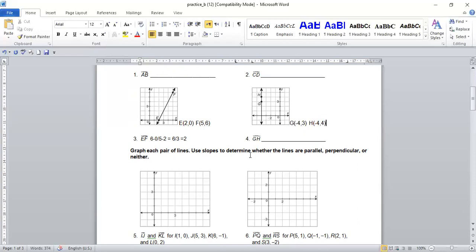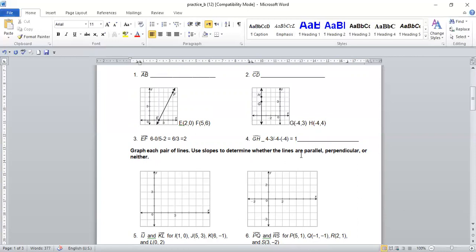So what is going to be the next step? Y2 minus y1. So that's going to be 4 minus 3 over x2, which is negative 4, minus 4. Okay, so which will result in 4 minus 3 is 1. Now minus into minus will give you plus.